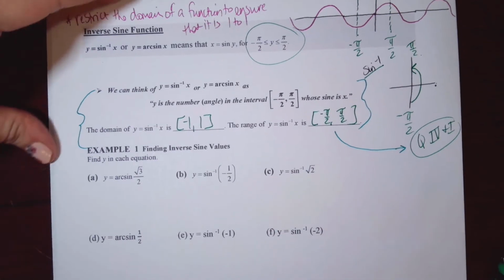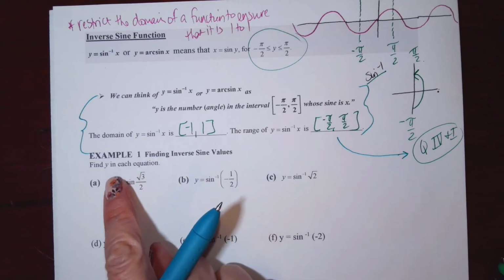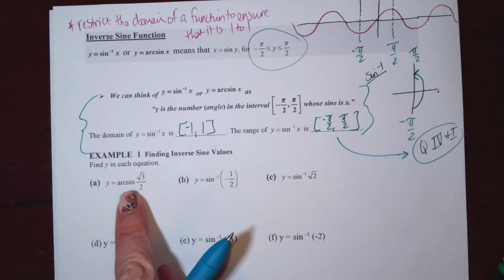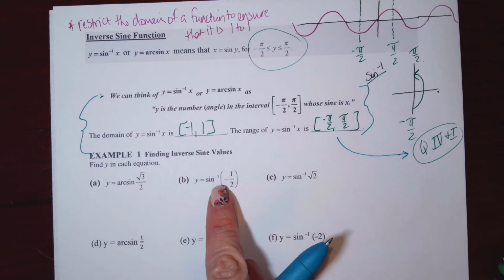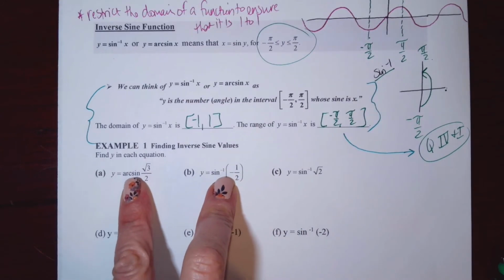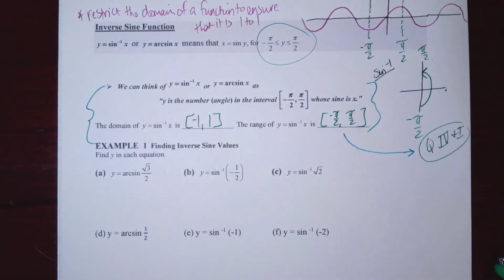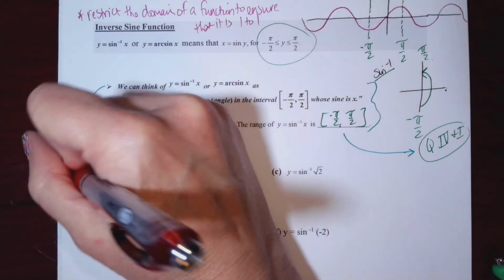Okay, let's find some inverse function values. Find the value y in each equation. Now this says arcsine, this says sine inverse. These mean the same thing. So when I'm solving and I have it in sine inverse or arcsine, my question is, what is the angle theta?